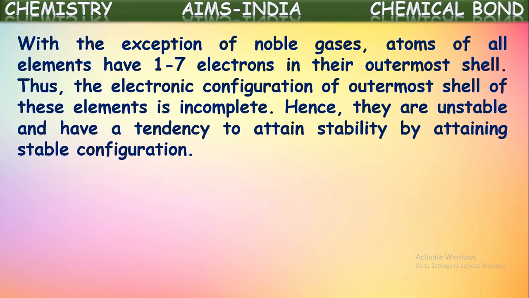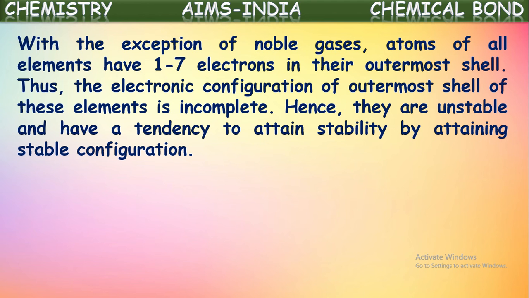With the exception of noble gases, atoms of all elements have 1 to 7 electrons in their outermost shell. Except these elements, all the remaining elements do not have octet or duplet. That means they may have 1 to 7 electrons in their outermost shell. Thus, the electron configuration of the outermost shell of these elements is incomplete, because it should have either 2 electrons or 8 electrons in its valence shell.